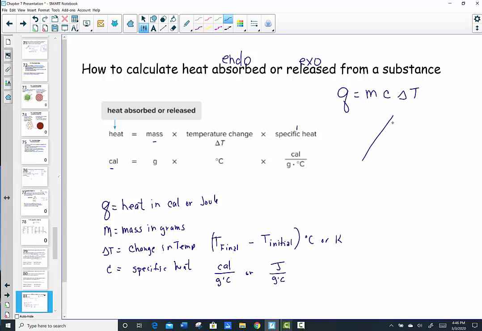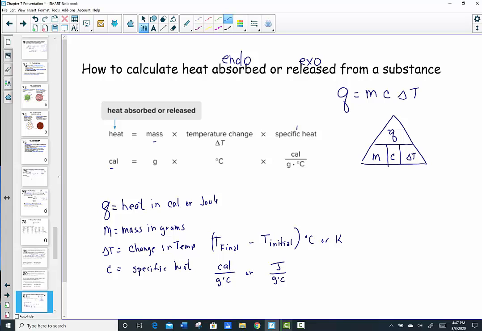I have this nice little tool that helps me remember. Draw this with me and it will help you with the algebra. Here's Q on the top, and I can find Q by multiplying M times C times delta T. This allows me to use this little visual where I can cover up the variable that I want to solve for and see the relationship to the others.